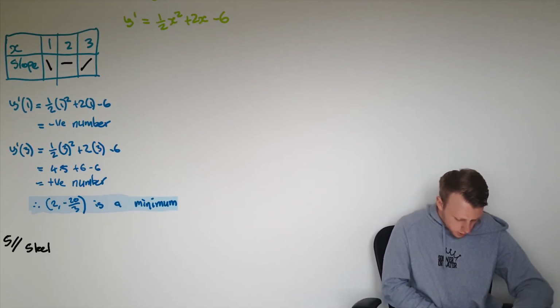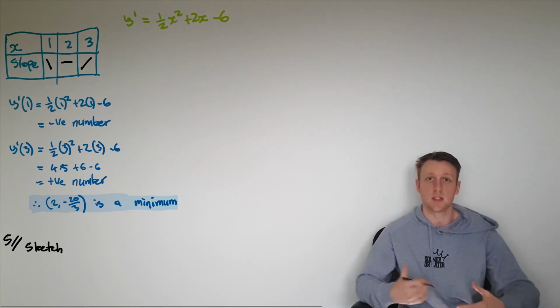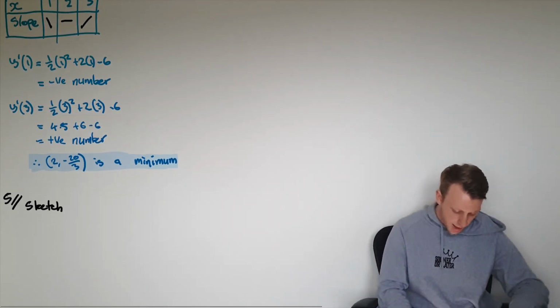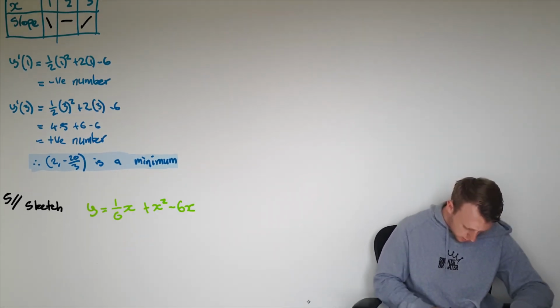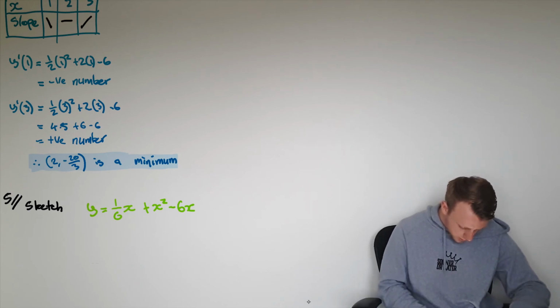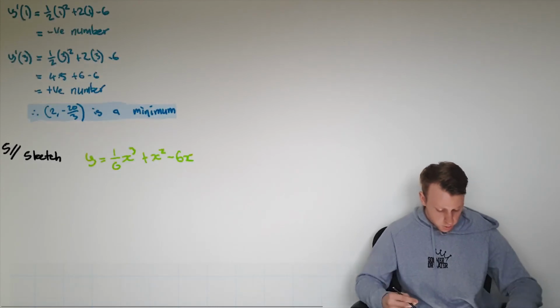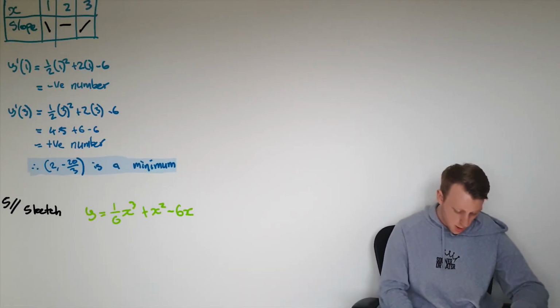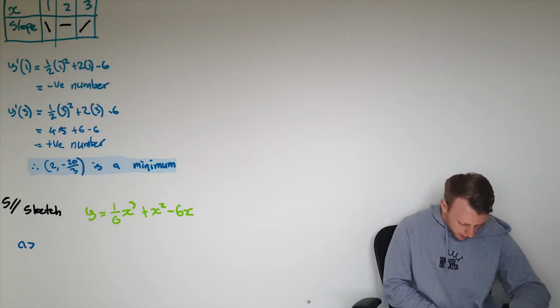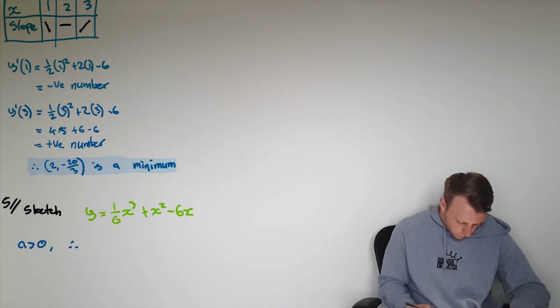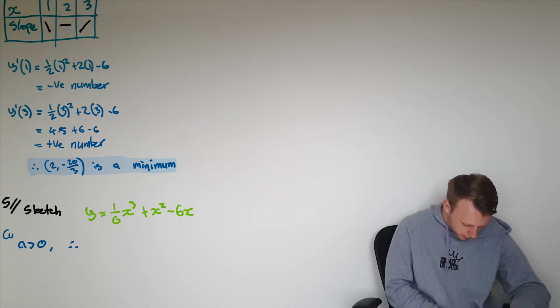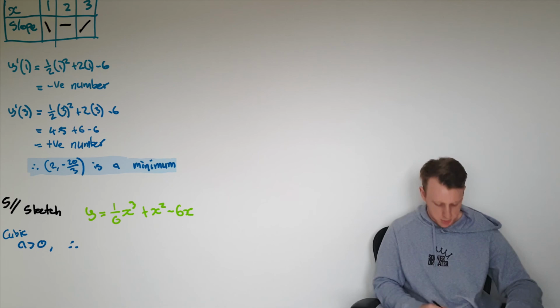And in order to do our sketch, we need to reason some long-term behavior. So our function was, oh, that wasn't a cube there. Our function was a cubic function where we noticed that a is positive. It's a cubic with a being positive.